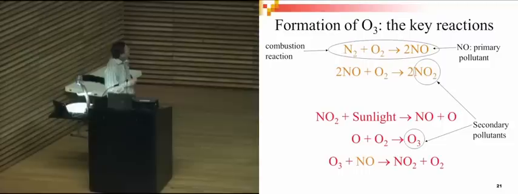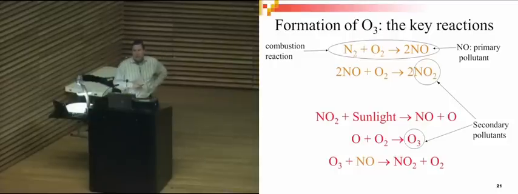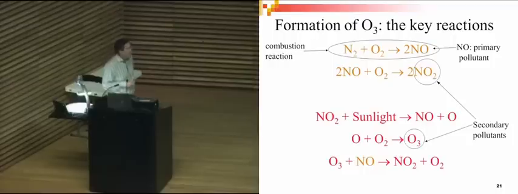So this NO2 is what will react then with sunlight to form this oxygen atom. And this oxygen atom is highly reactive, and that will combine with oxygen to form ozone. So our combustion doesn't directly form ozone, but the combustion product, NOx, will react with sunlight to form this oxygen atom, which will then combine with oxygen to form ozone.